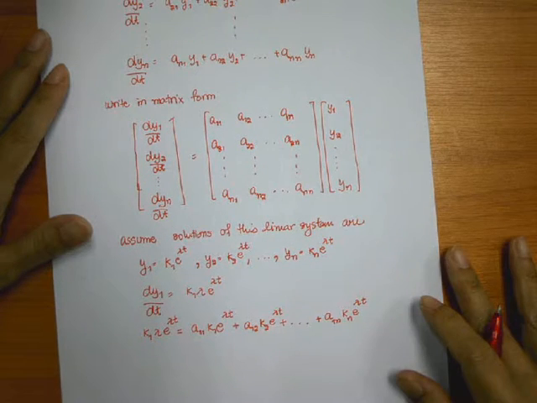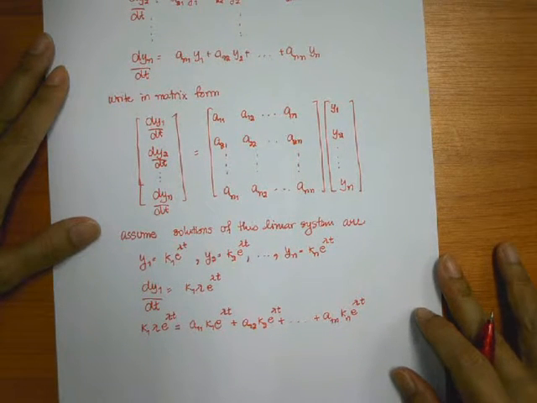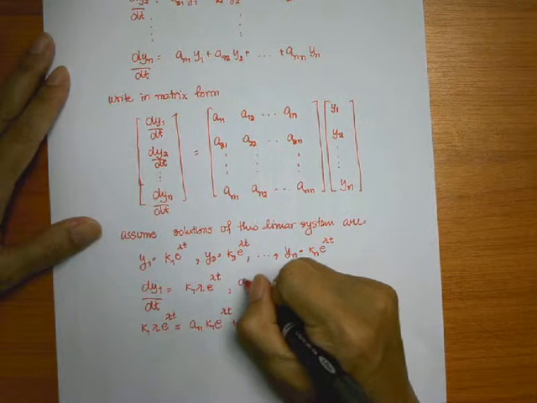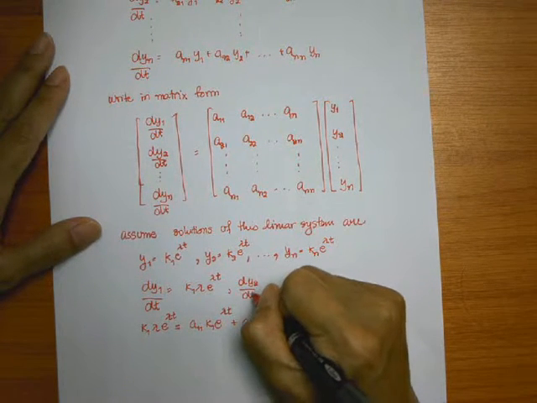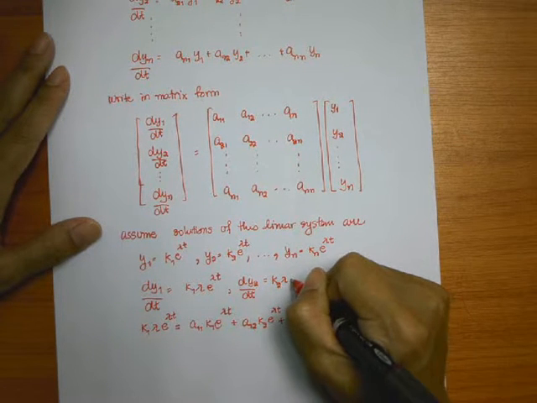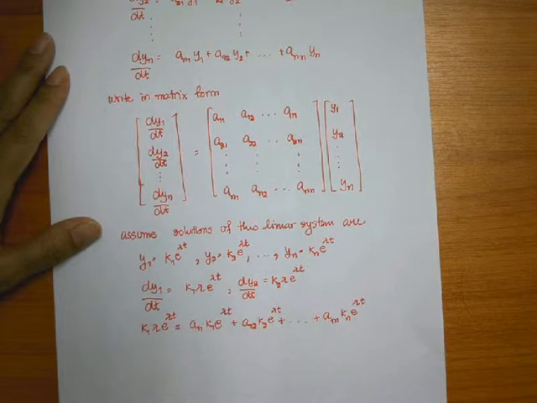We do the same thing for our second equation. So the first derivative of y2 is equal to k2 times lambda times exponential of lambda t. Right? And then we just plug it into our second equation.